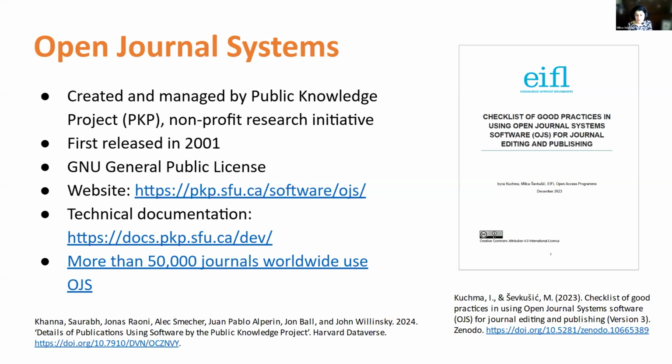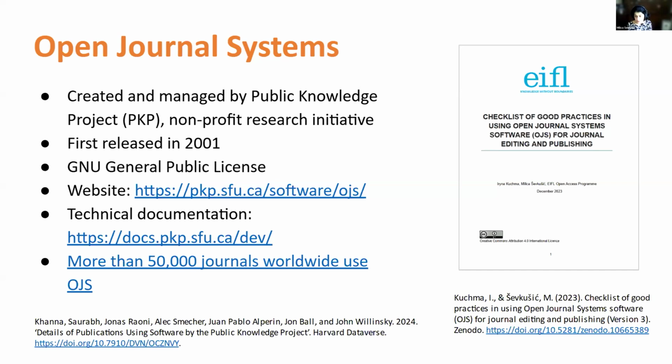Why are we covering this topic? Open journal systems is one of the most, and probably the most common journal management system used all over the world. It's managed and developed by the Public Knowledge Project, which is a non-profit research initiative. And the first release appeared in 2001.